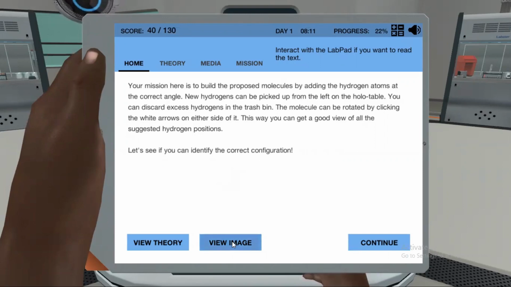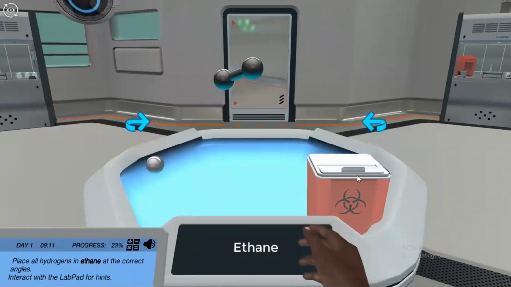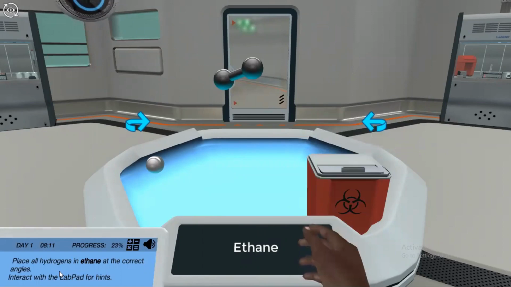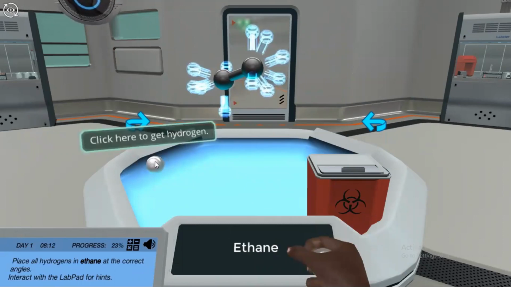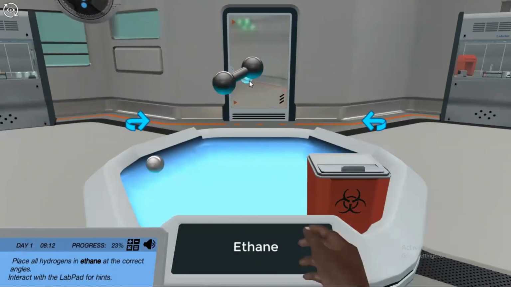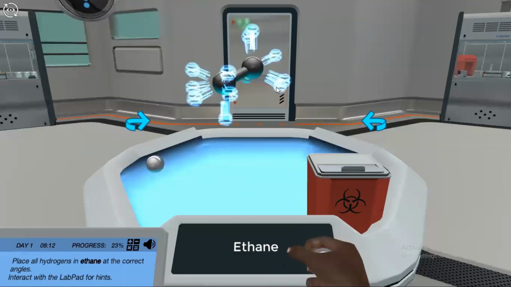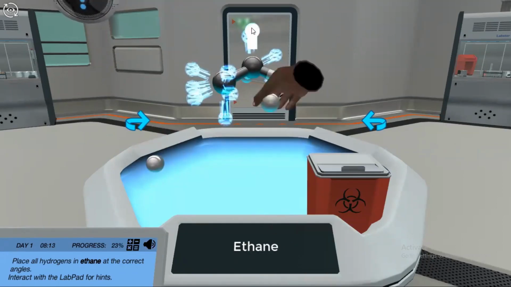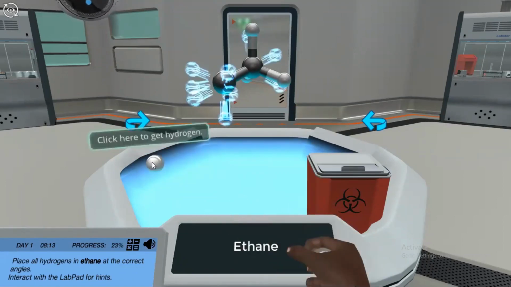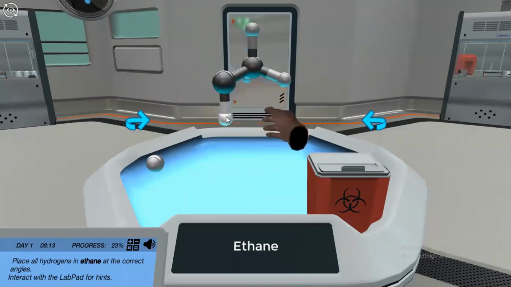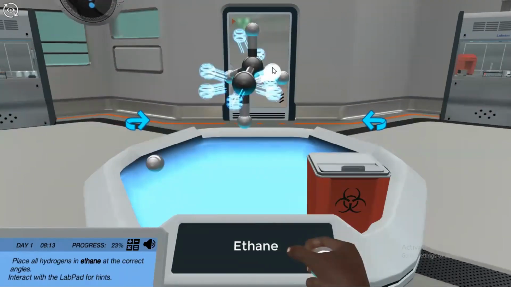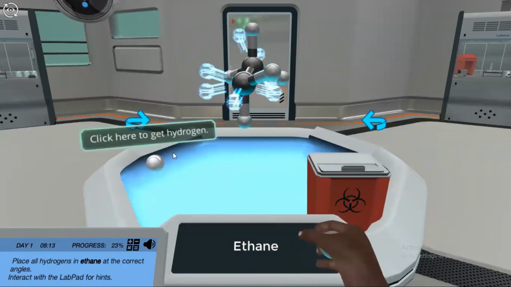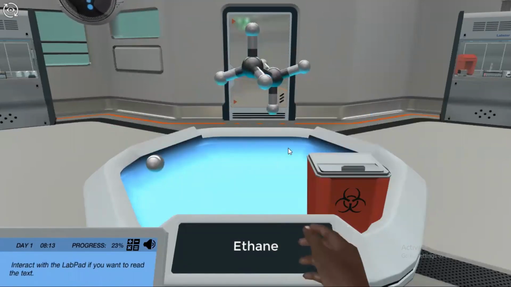This way you can get a good view of all the suggested hydrogen positions. Let's see if you can identify the correct configuration. Place all hydrogens in ethane at the correct angles. Interact with the lab pad for hints. Good job.